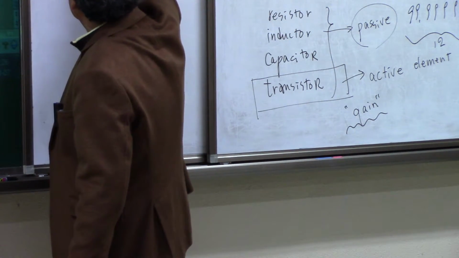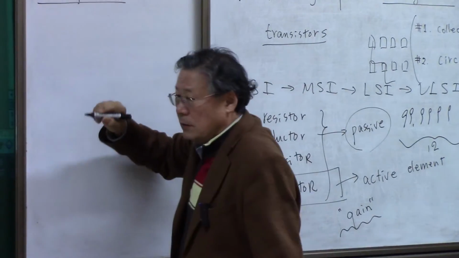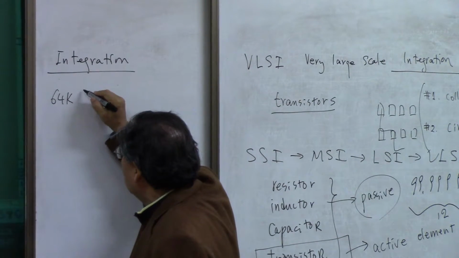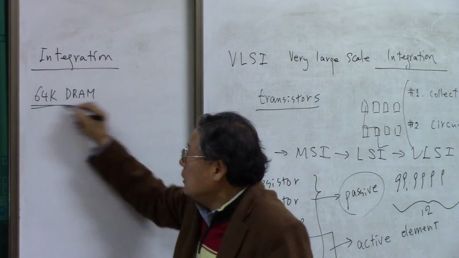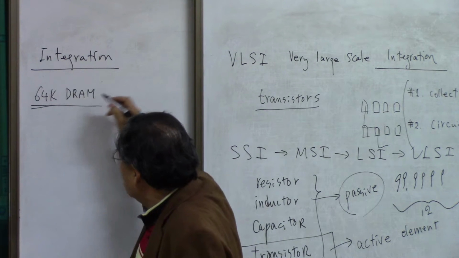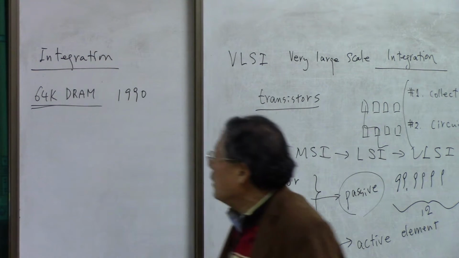Integration. When you talk about the integration, you start out with the 64K DRAMs, for example. And this 64K is, I think, in the early 1990s.